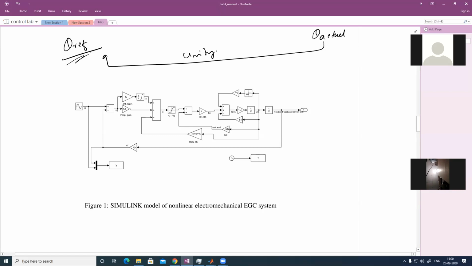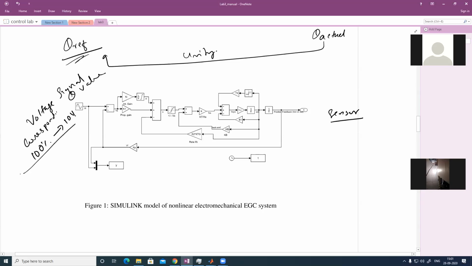But in actual practice, the input you give is a voltage signal corresponding to the theta value. For 100% command amplitude, it is taken as 10 volt, because the sensor is calibrated like that.